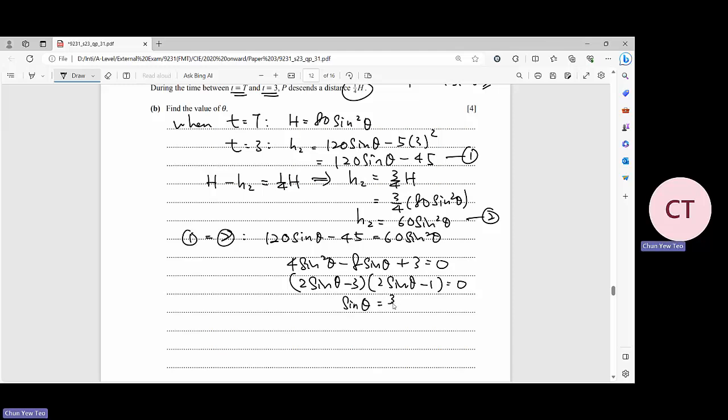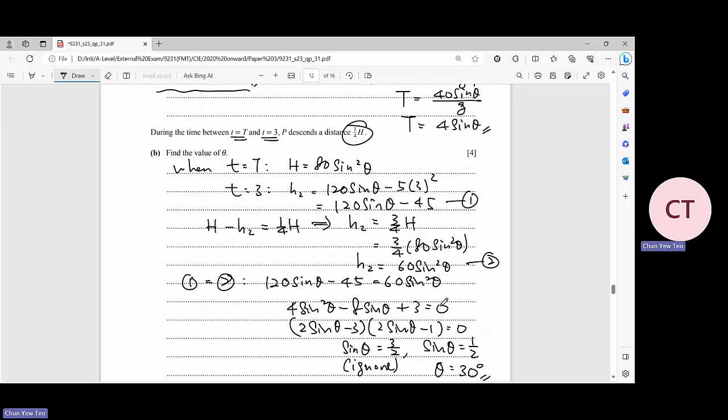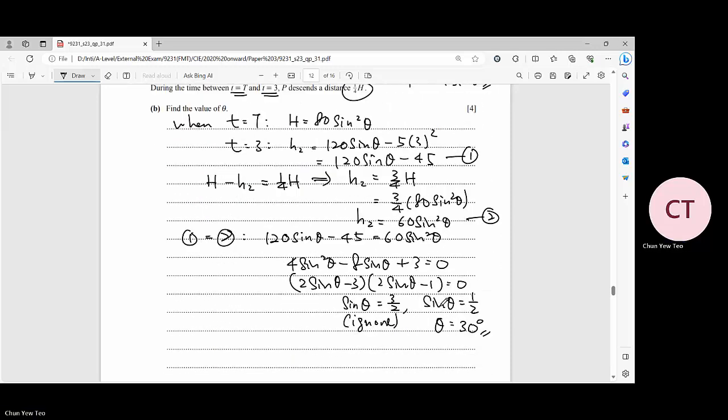Sine theta equal to 3 over 2, and sine theta is equal to half. Okay, this factorization is correct. Then you need to understand that sine theta cannot be greater than 1, so you ignore this result. Therefore, theta is 30 degrees. That is the value of theta. They didn't mention radian or degree, so just leave it as 30 degrees.